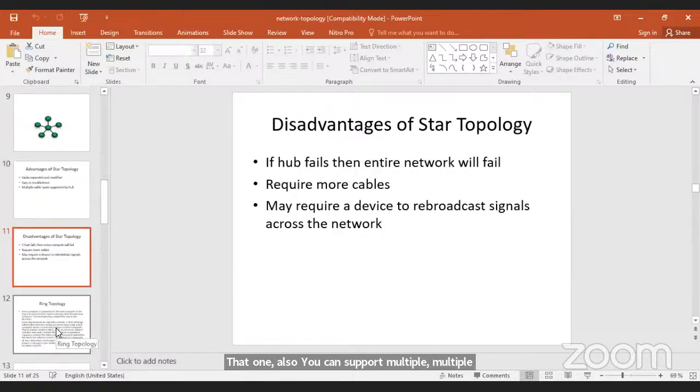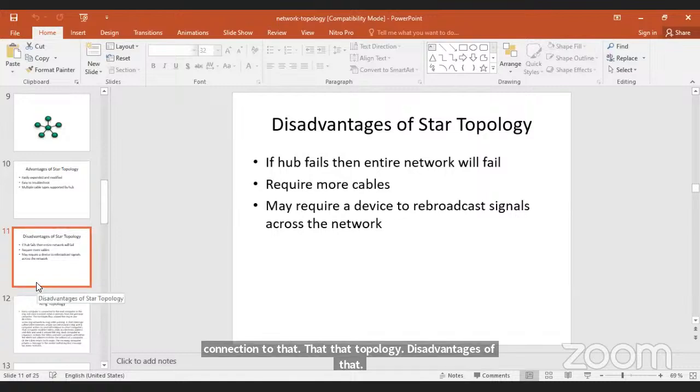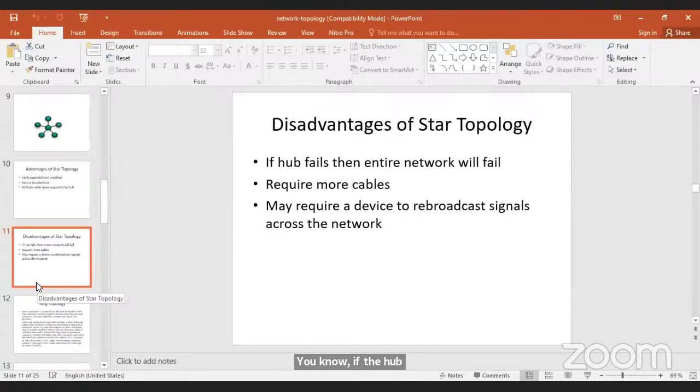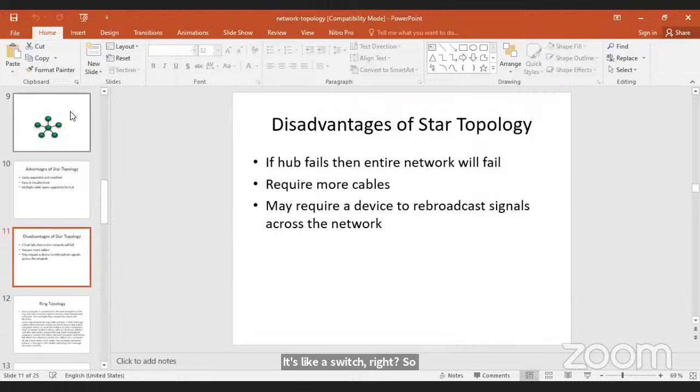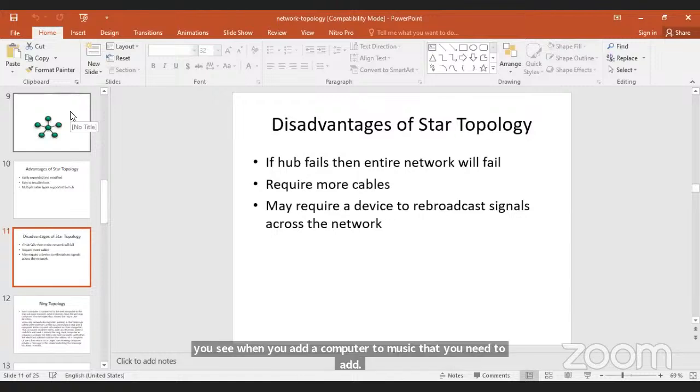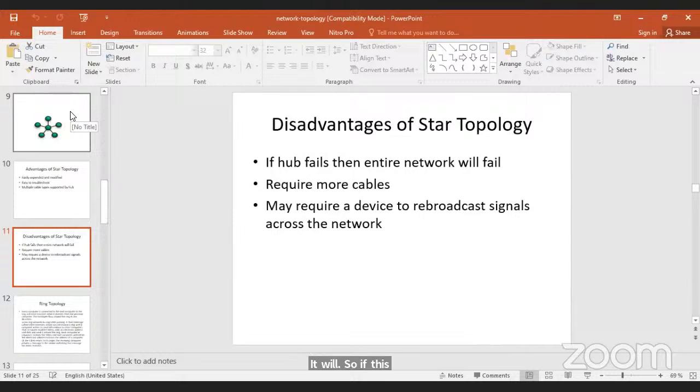Disadvantages of star is that if the hub fails, a hub is like a socket, it's like a switch, right? It also requires many cables. When you add a computer, you need to add a cable. So if this central supplier of the internet fails, the entire network will be down.